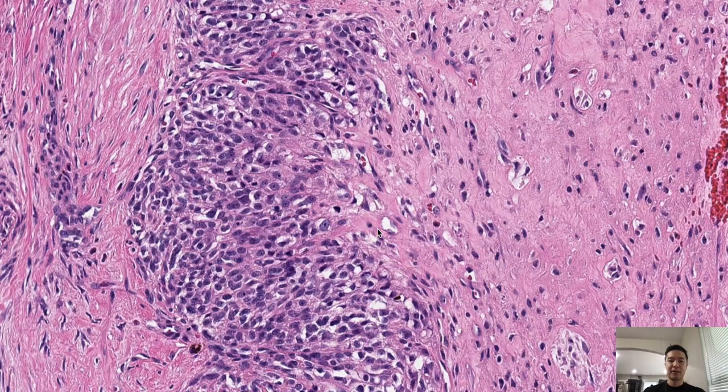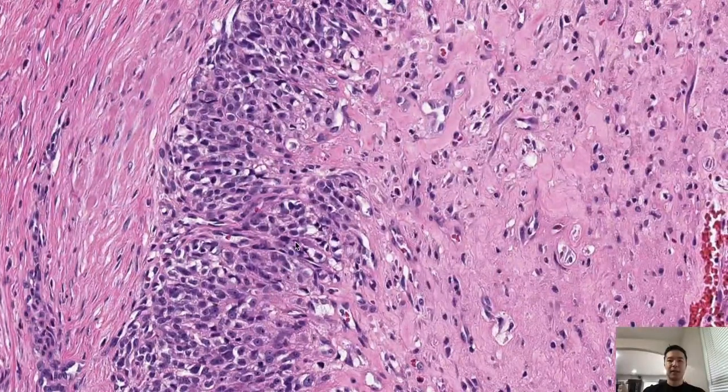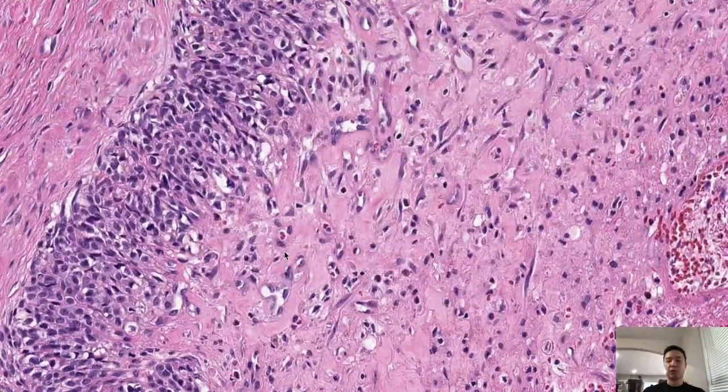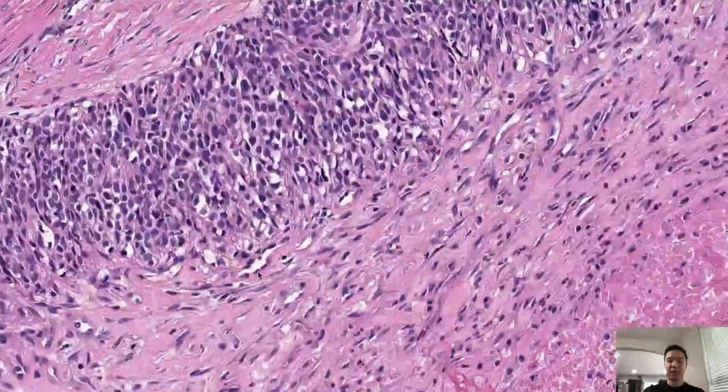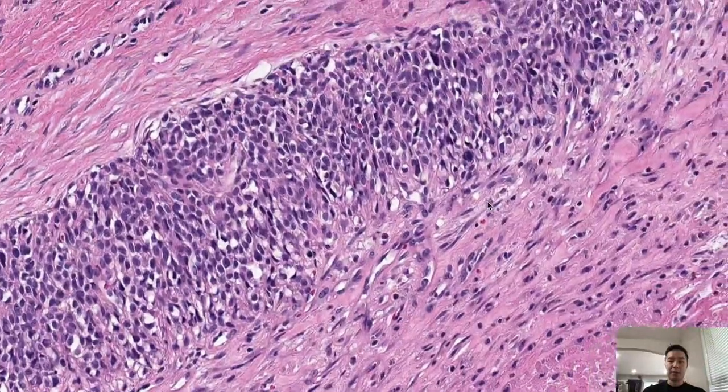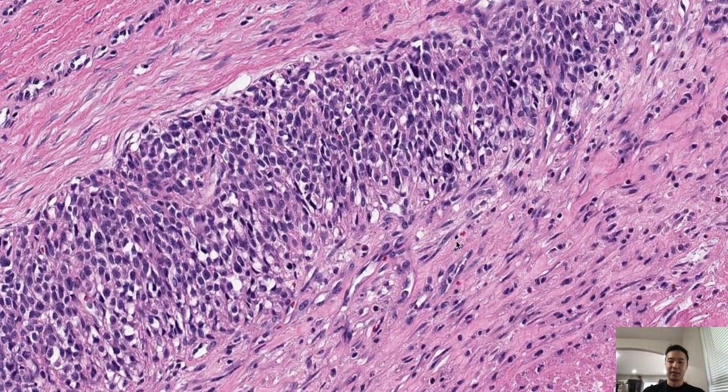So I say this to emphasize the point because it's so important: you don't want to give the patient a benign diagnosis, which rheumatoid nodule and granuloma annulare are. But epithelioid sarcoma has a bad prognosis. It's pretty aggressive.